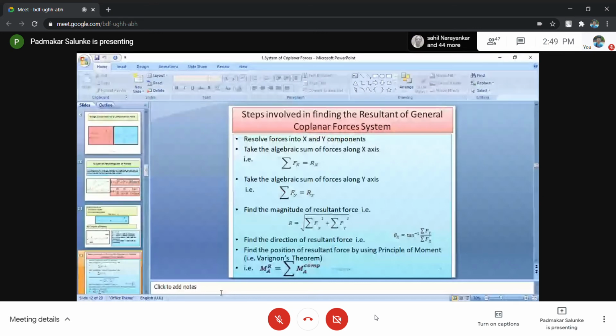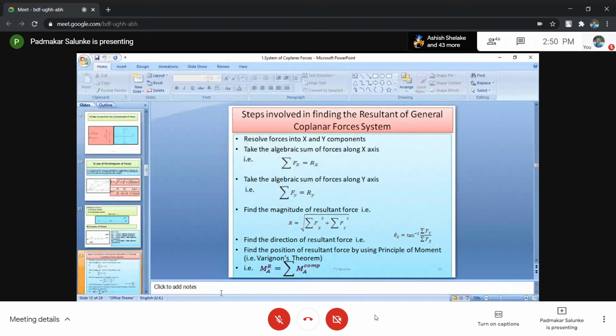And friends, please remember, the resultant is a vector quantity. The only things you have to work out: number one, magnitude; number two, direction; and number three, its proper position. Whenever you have to define any vector quantity, you have to calculate magnitude, find its direction as well as its position.